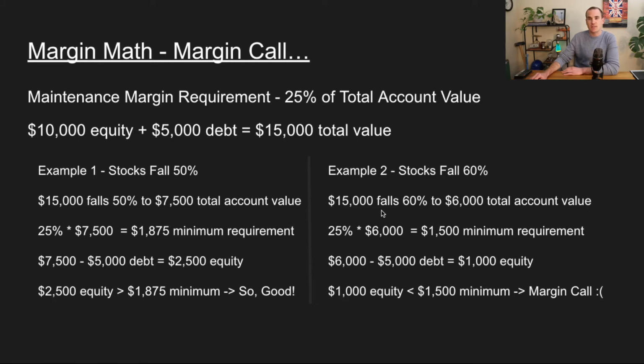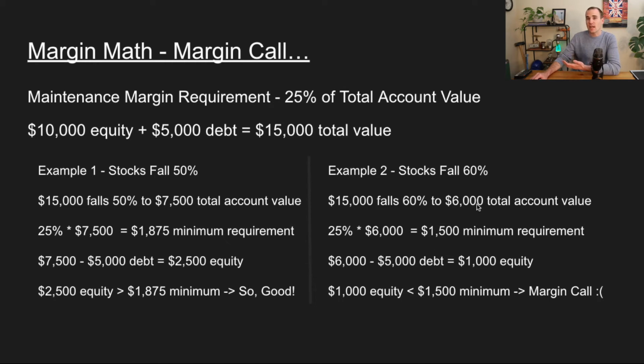So $15,000 falling 60% is now equal to $6,000 in total account value. If you multiply that 25% maintenance margin requirement times $6,000, it means you have to have $1,500 in equity in the account. That's the minimum.